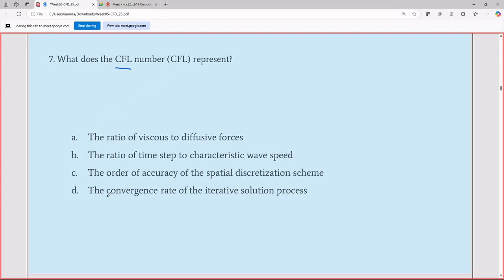Options are option A, the ratio of viscous to diffusive forces. Option B, ratio of time steps to characteristic wave speed. Option C, the order of accuracy of spatial discretization scheme. Option D, convergence rate of iterative solution process.